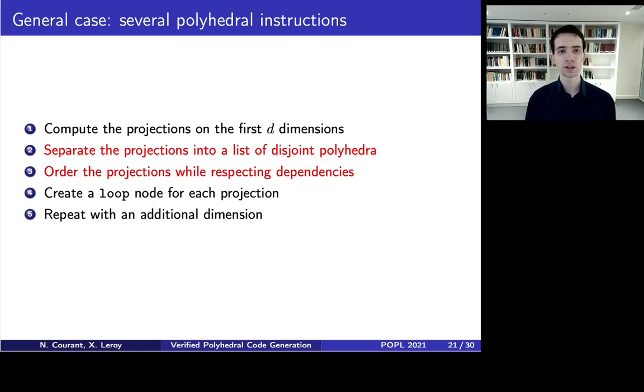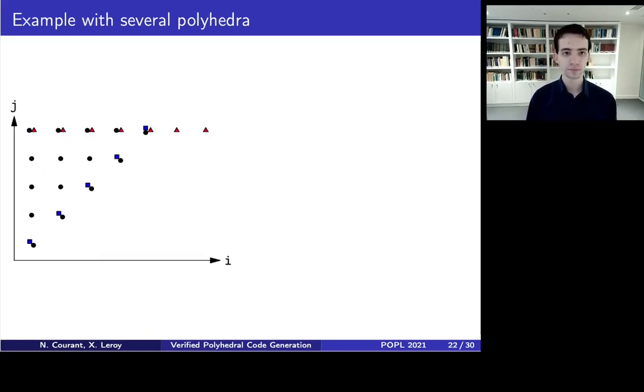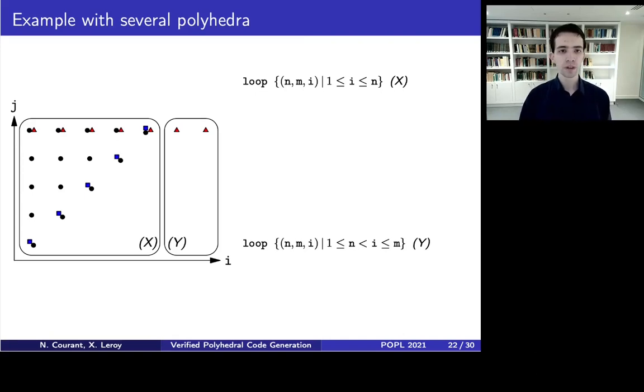Let's see how it works on an example. Here we start with three instructions. One is the black dots, one the red triangles, and one the blue squares. After the first step, the projection on the horizontal axis, we already separated our polyhedra into two polyhedra.